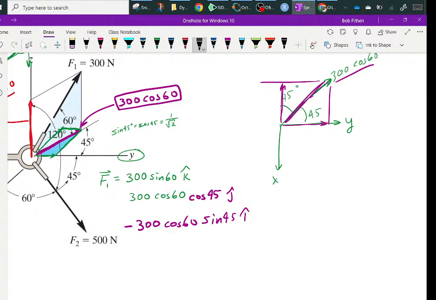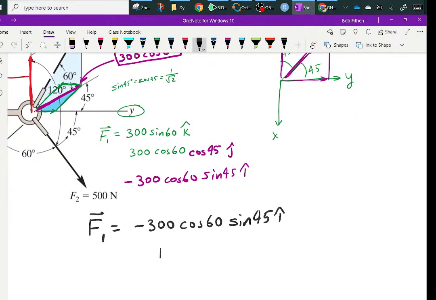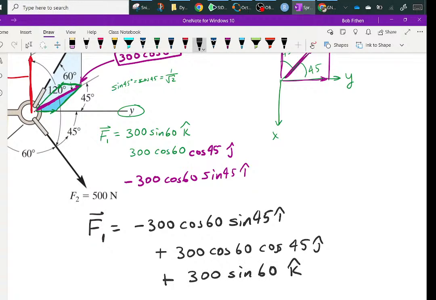Here we go, F1 is equal to, give me a second, 300 cosine of 60 sine of 45 I plus 300 cosine of 60 cosine of 45 J, and then plus that 300 sine of 60 K. Now, this is the one I'm going to focus on for a minute.